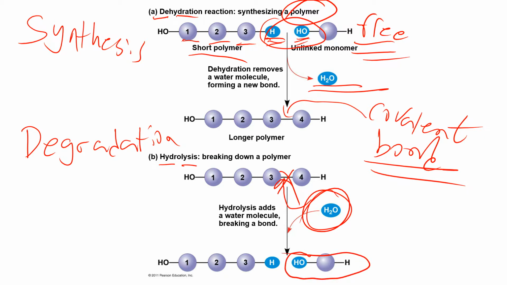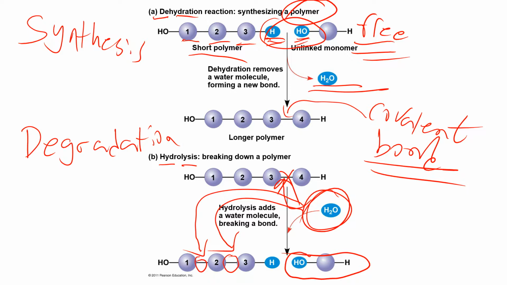If you wanted to break this other bond, it would involve another water molecule. If you wanted to break this one, it would involve another water molecule. Each time you break off an individual monomer from its polymer, it involves a water molecule breaking that covalent bond.